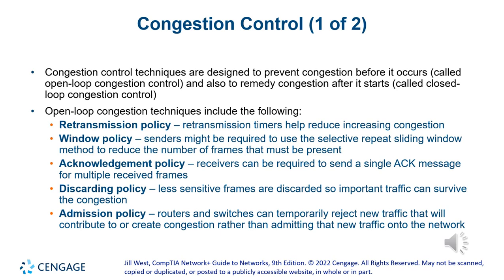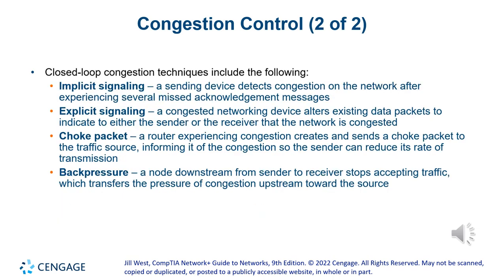And the admission policy, where the routers and switches can reject new traffic that would continue to create congestion. When I see that I'm sending traffic to a device and the device keeps getting behind, not processing the data correctly, and I keep sending more, and it's going to get discarded, the admission policy will help the network to throw back a message to the sender that goes, wait a minute, somebody is getting congested here, you have to wait. But this is all the open loop congestion control.